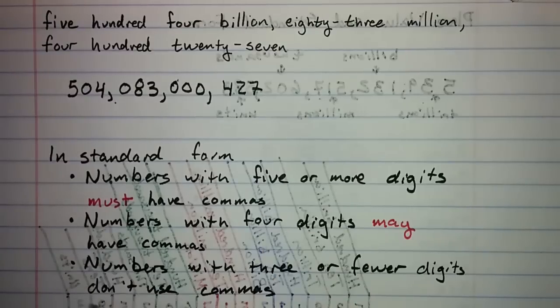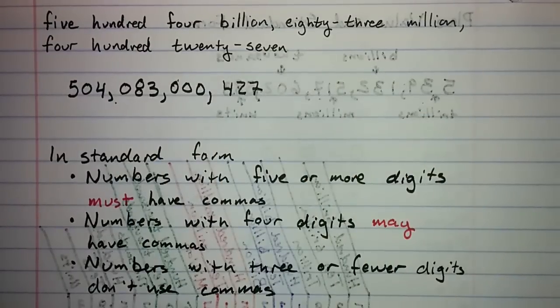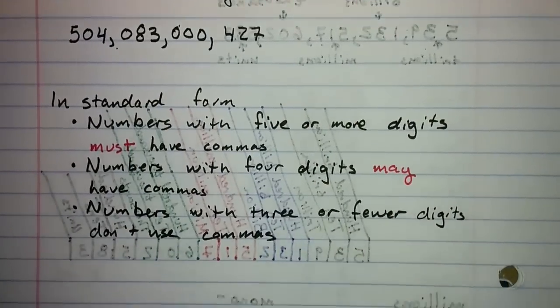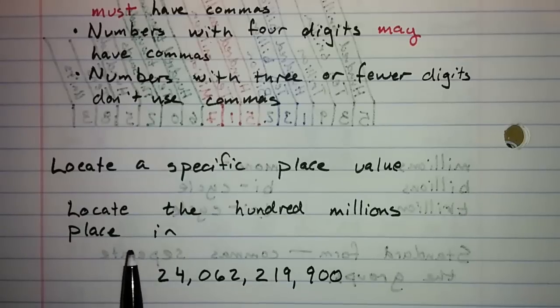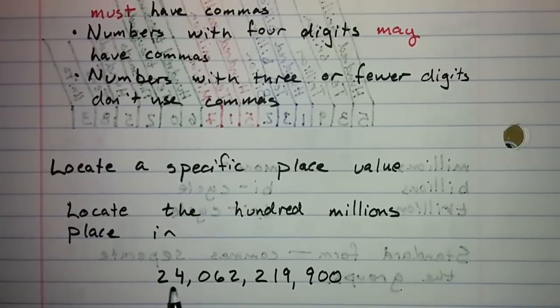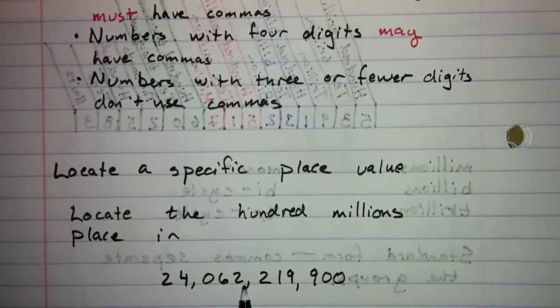Now, another skill that we're going to need to use with these large numbers is locating a specific place value. We might be asked, for example, to locate the 100 millions place in this number: units, thousands, millions, billions, 24,062,219,900.